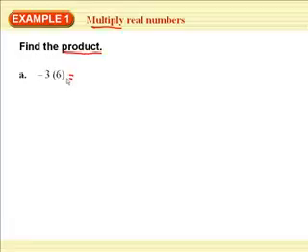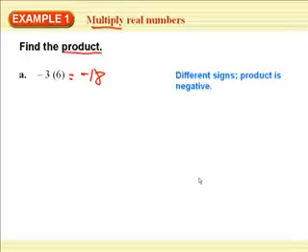I multiply the numbers, which is 18, and then I look at the signs. The signs are different, so it's negative. And I always do it as a two-step process. Sometimes you can do the sign first, and then the number second. It doesn't matter the order you do it in. And so they put -18 also.